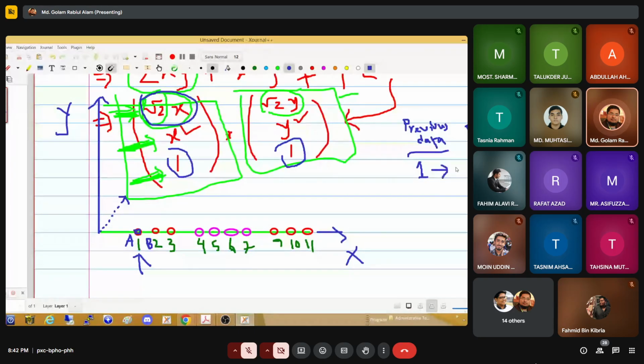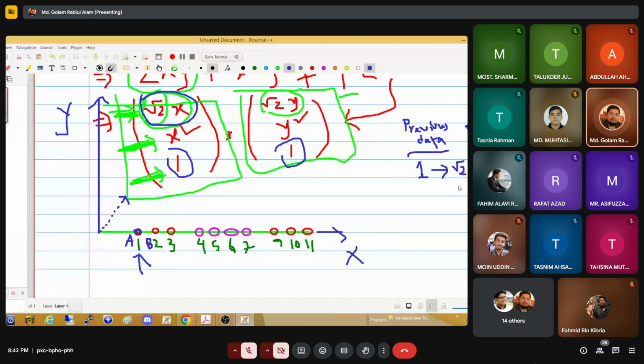In x direction, the previous value is 1, so we have to multiply this one by root 2, so root 2 times 1. This will be in x direction.